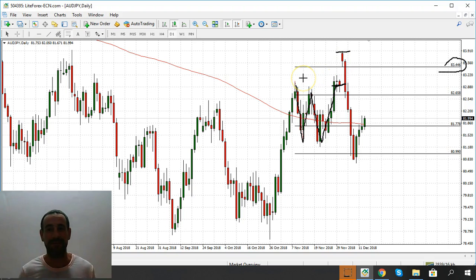That is a massive gap, guys. Massive. This is like a 100 pip gap. On average, it's hard to find a 100 pip gap. You can find easy 20, 30, 40 pip gaps, even 50 pip, but this one is really big.